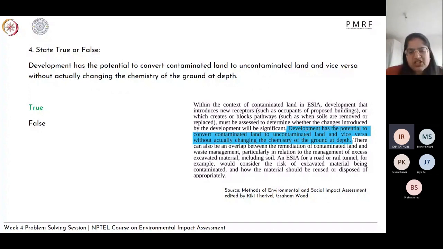So you don't actually change anything, but you just change the land use and change it from undeveloped land to developed land, and it changes its contaminated status from contaminated to uncontaminated through this process. So the statement was true.